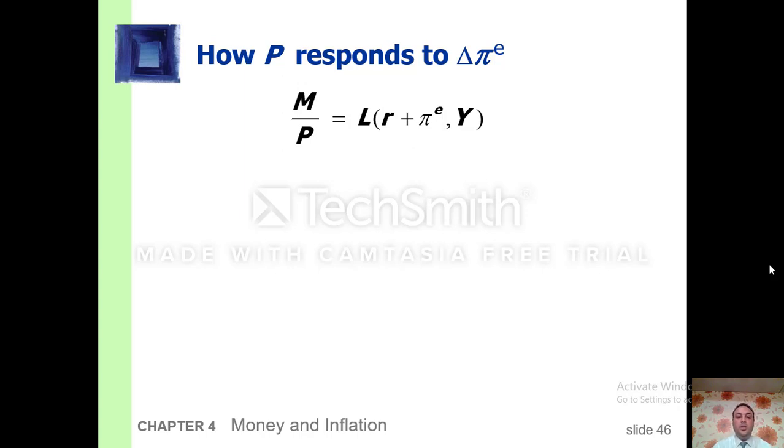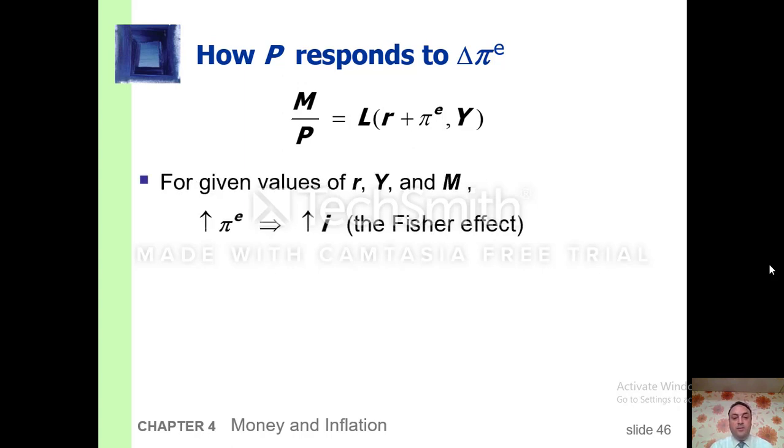But what about the change in the expected inflation rate? For given values of the real interest rate, output and the money supply, if the expected inflation rate increases, the nominal interest rate increases according to the Fisher effect.